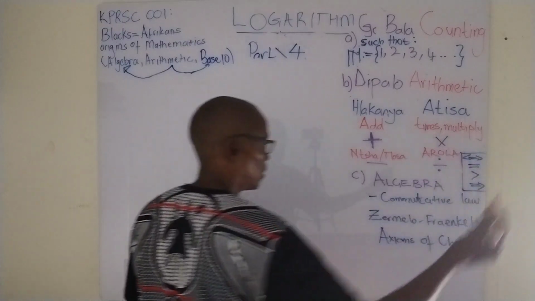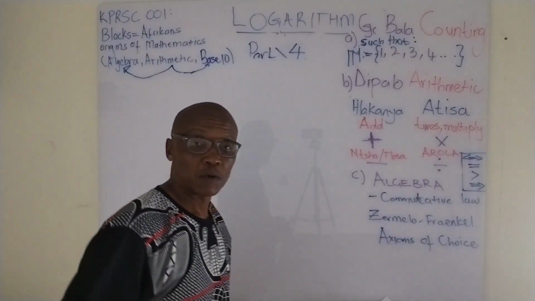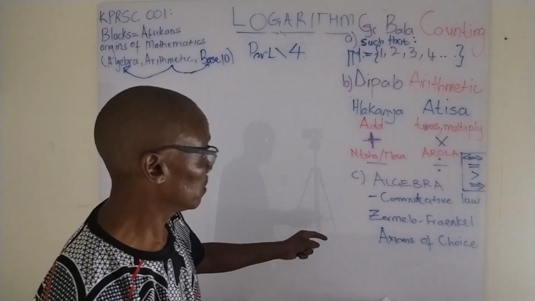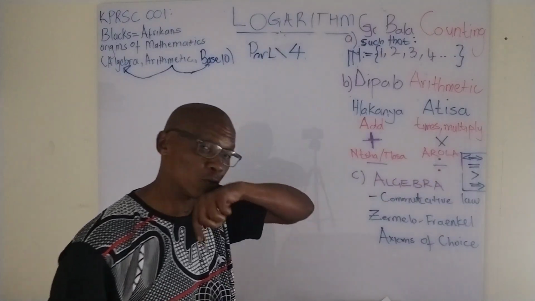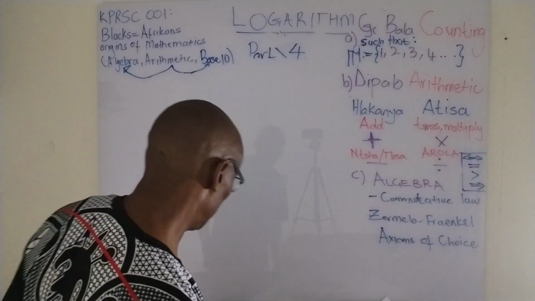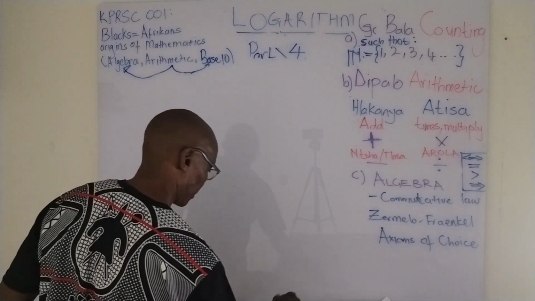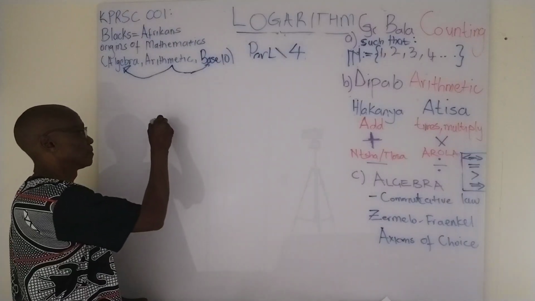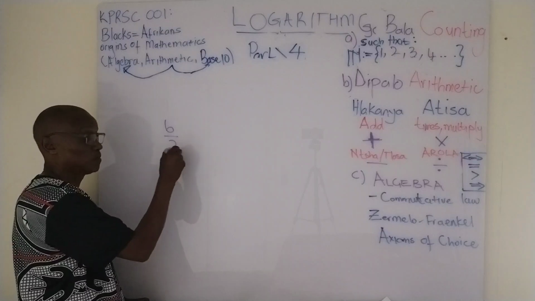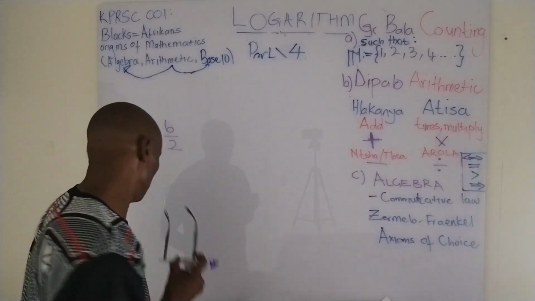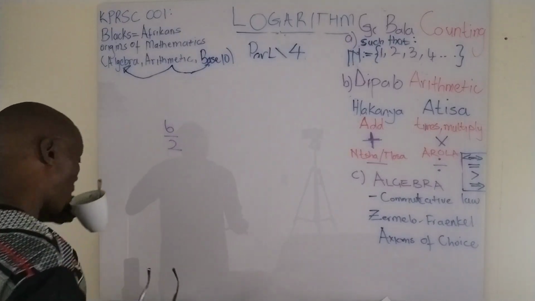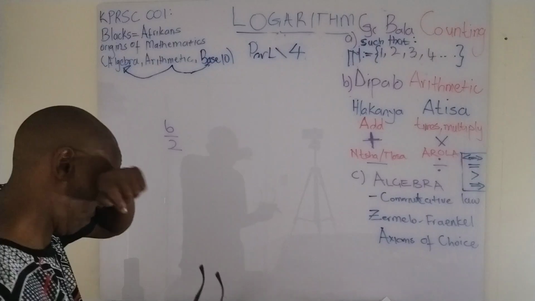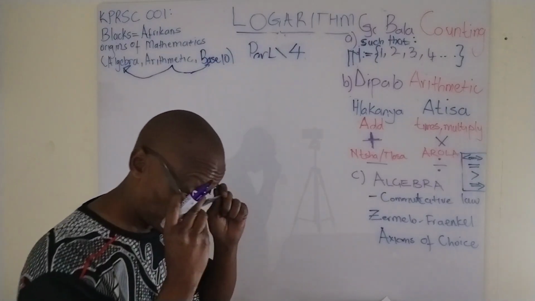Most of you already know, I don't have space, otherwise I would. I don't have space. It's division. How do you divide? Let's divide. Again, I use simple numbers. Let's do 6 divided by 2.